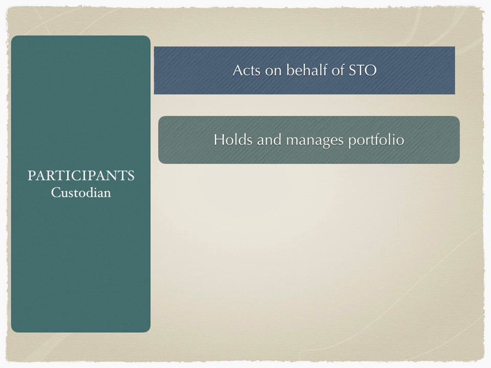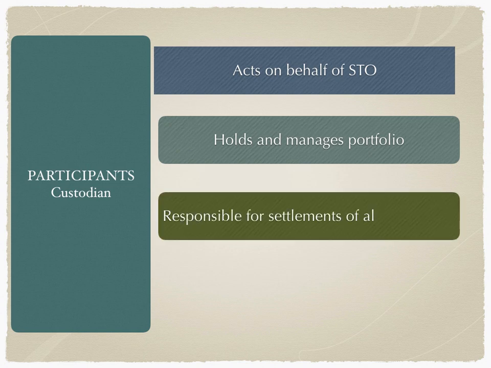The STO could be a fund house like a mutual fund, a hedge fund, a pension fund, etc. But it will necessarily appoint a custodian to manage the portfolio. So what do we mean by holding and managing the portfolio? It's responsible for the settlement of all trades.